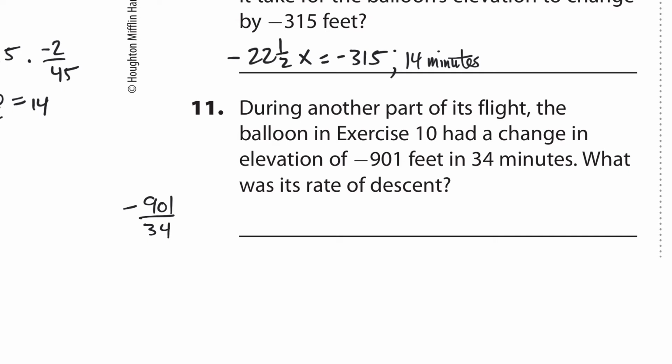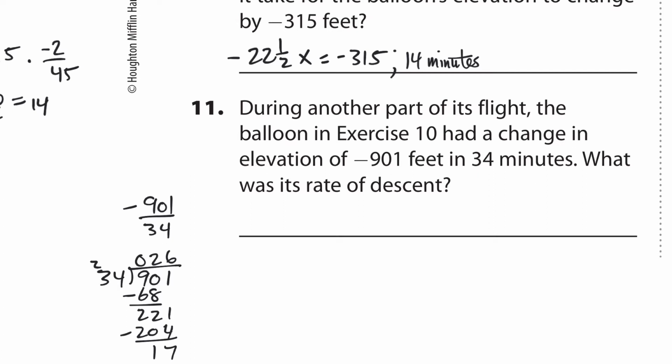Let's see, how many times does 34 go into 901? It doesn't go into 9, but it goes into 90 twice, which is 68. That's 22, 221. And I think that goes in 6 times. And that's 11 minus 4 is 7. That's going to be 1.